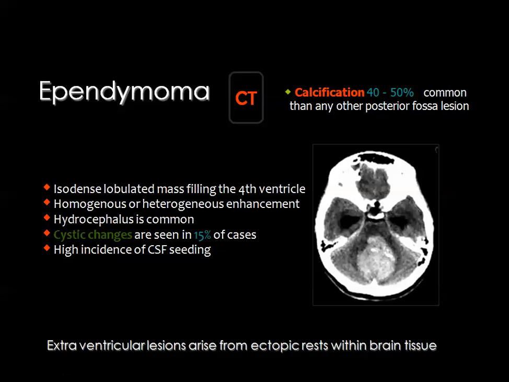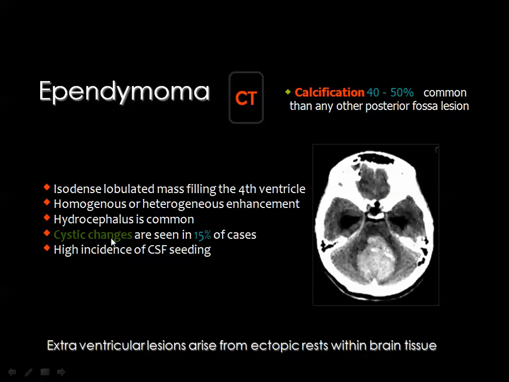And this is one of the well-known lesions that can spread by CSF. Then you can see CSF seeding within the supratentorial extraaxial CSF spaces. Some cystic changes can be seen in the tumor in the range of 15% of the cases.